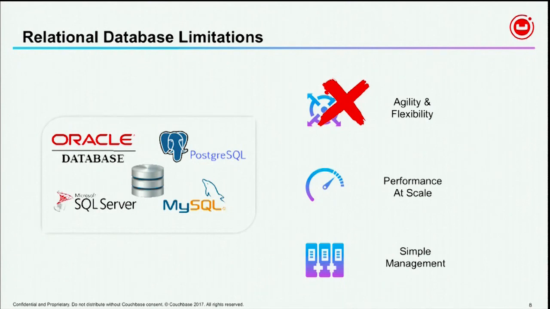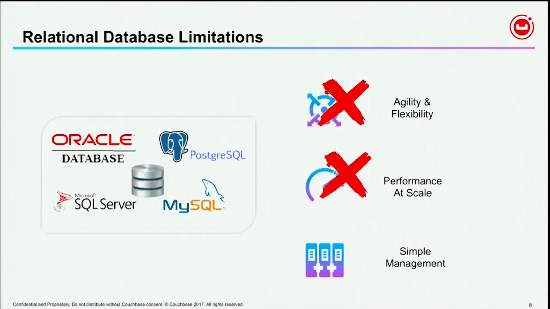So relational databases weren't built for that kind of application development, production, and scaling. They have challenges with agility and flexibility because of the rigid schema and underlying implementation. The performance is very challenging to manage at any sort of scale, either extremely expensive because of the hardware requirements or extremely complicated in terms of replication and geo replication and whatnot.